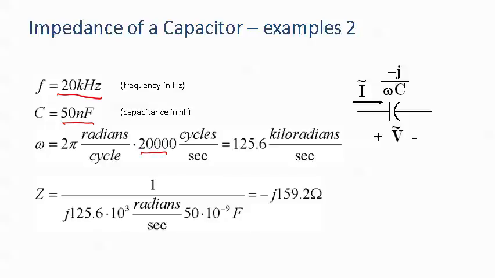Now Z is 1 over j omega C again. So if we have 125.6 times 10 to the 3 radians per second and 50 times 10 to the minus 9 farads, that's minus j 159.2 ohms of capacitive impedance.